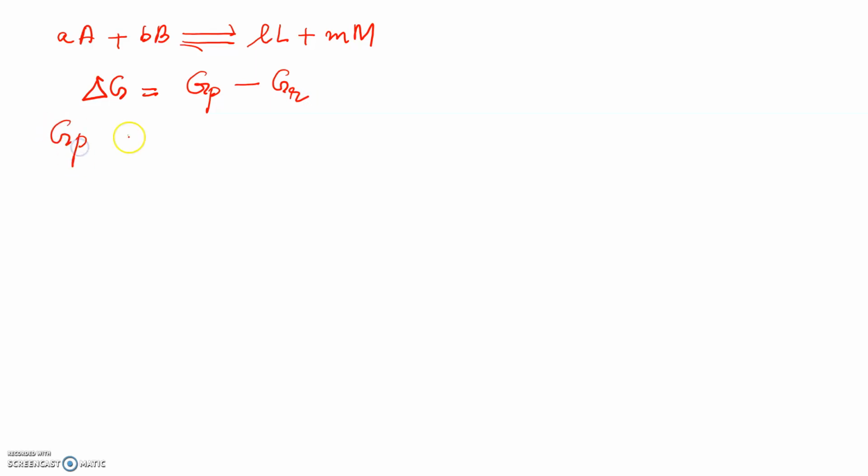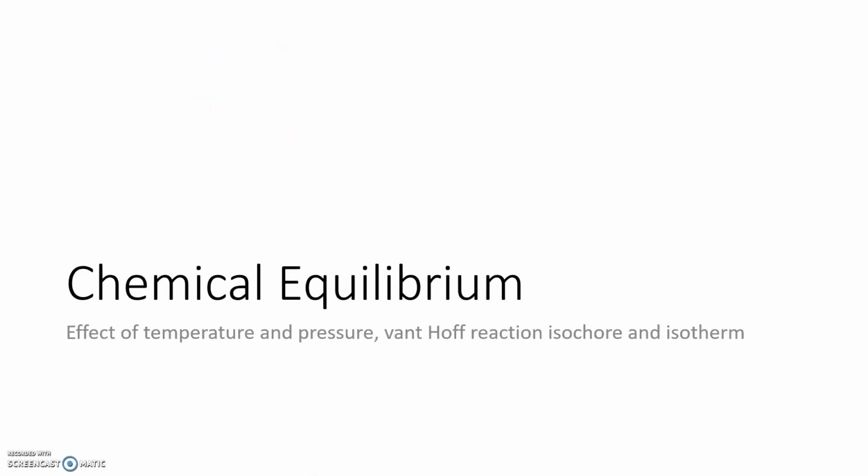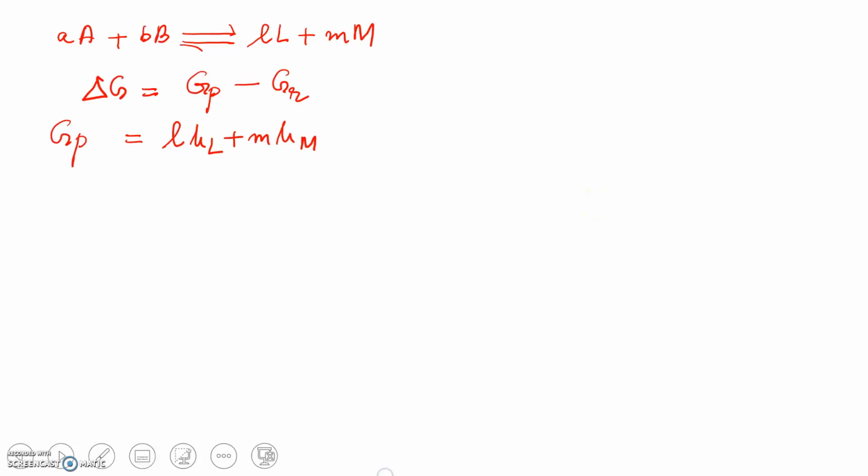G of products will be equal to the free energy of L plus the free energy of M. In terms of chemical potential, we can write it as l into mu L plus m into mu M. Since chemical potentials are extensive properties, we have to multiply by the number of moles of each component.